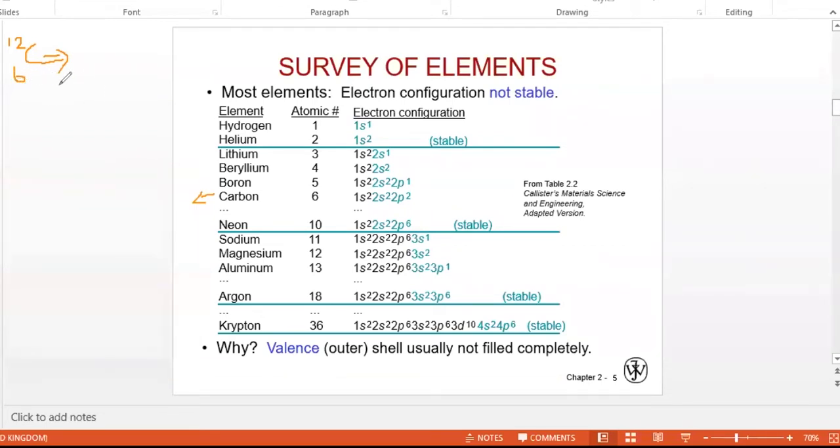So how to write this: the total is 6. In the first orbit carbon has 2, which you have already studied, and in the next orbit it will have 4. So altogether 1, 2, 3, 4, 5, 6, we have 6 electrons.